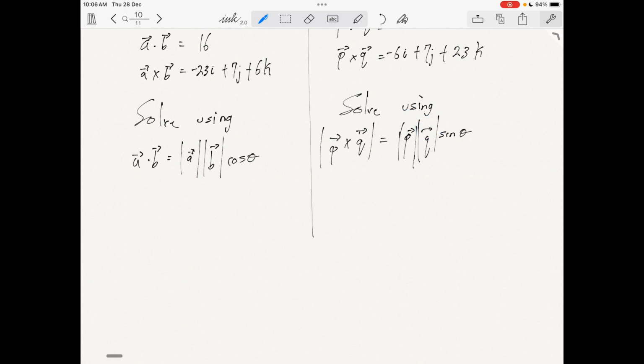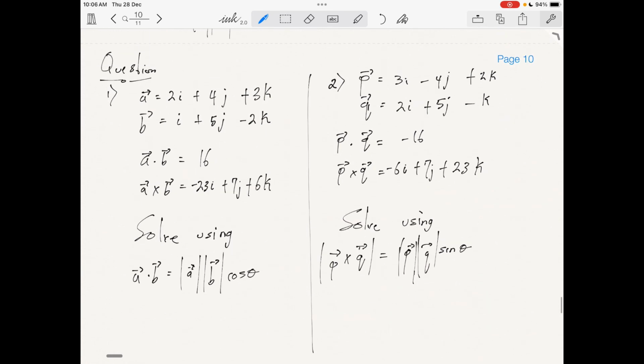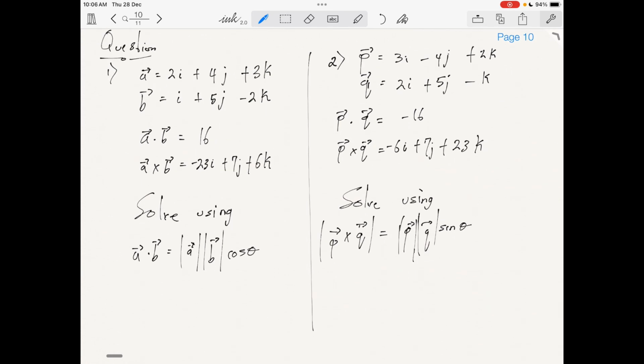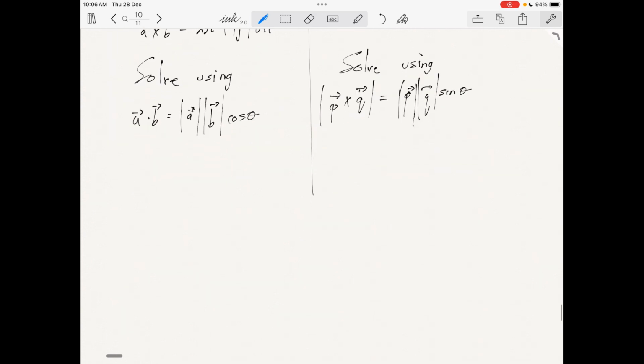Right. So let's solve question 1 first. So we'll focus on question 1 and we'll solve using this.